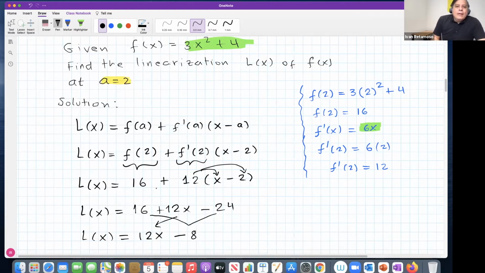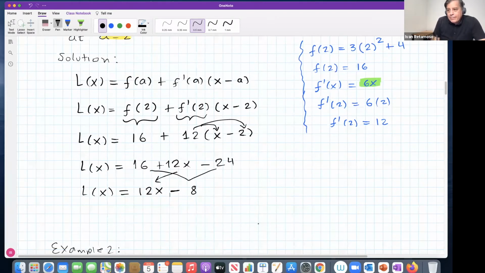Right? Kind of to follow what they call the slope-intercept form for the equation of a line. So this is it. Very good. 12x minus 8.